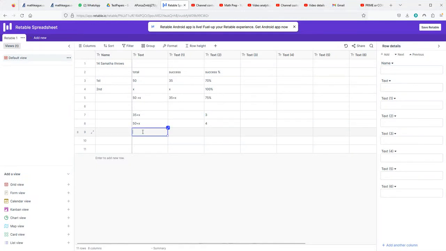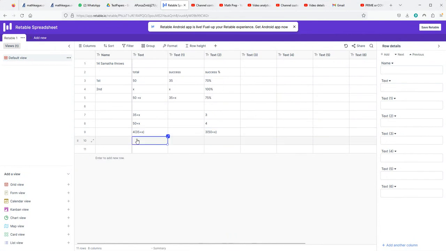So this is what we will do. 4 into 35 plus x equal to 3 into 50 plus x.